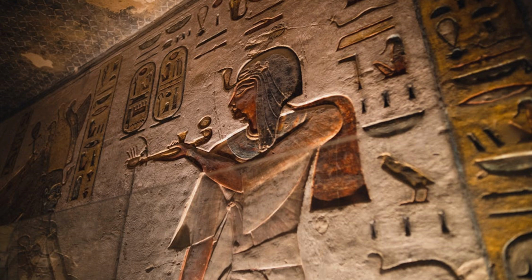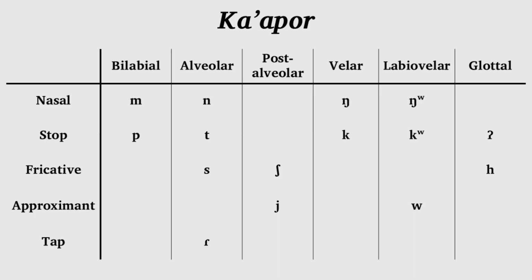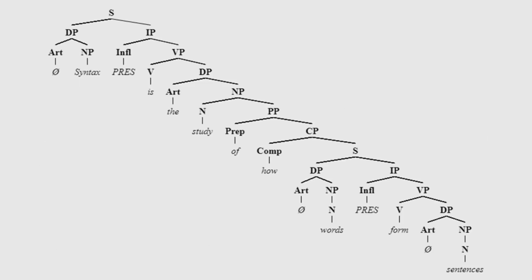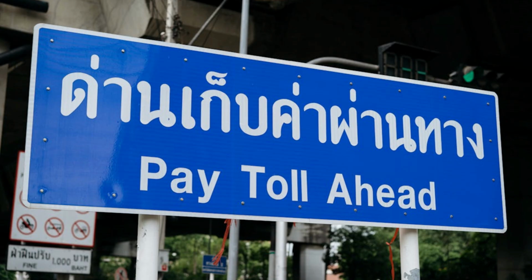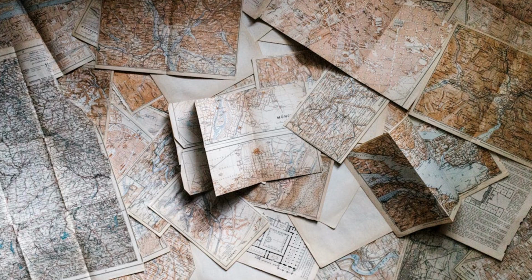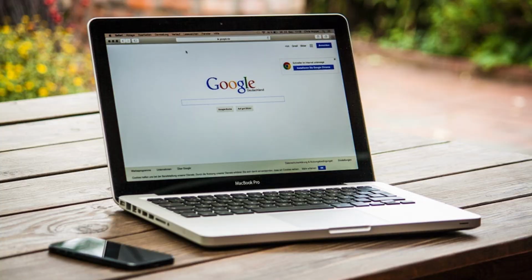A lot of people believe that writing is some sort of inherent aspect of language, in the same way as phonology or syntax, but in fact it's simply a tool invented by humanity in the same way as paper or the internet.